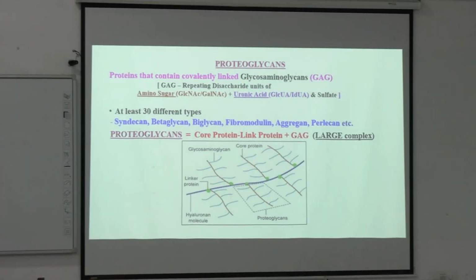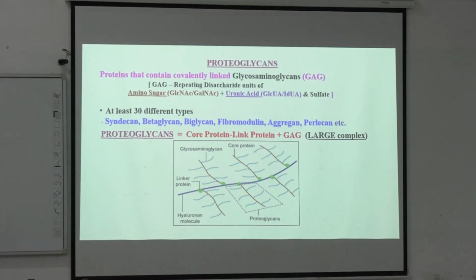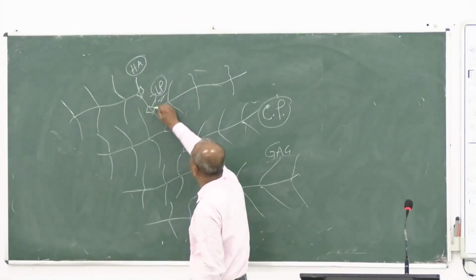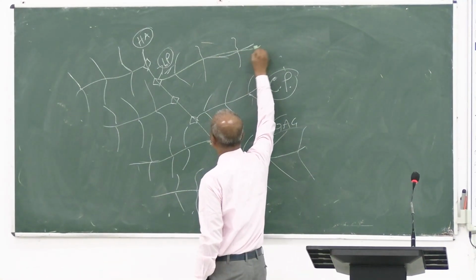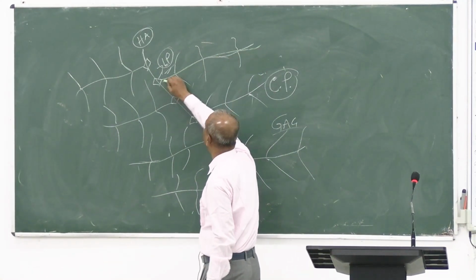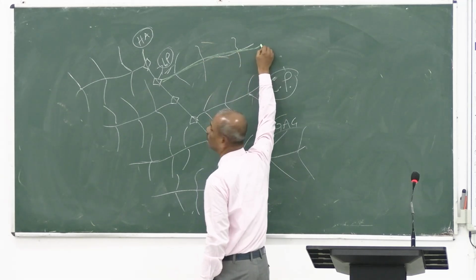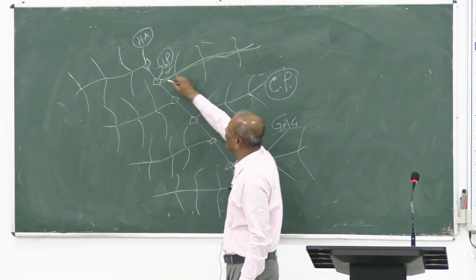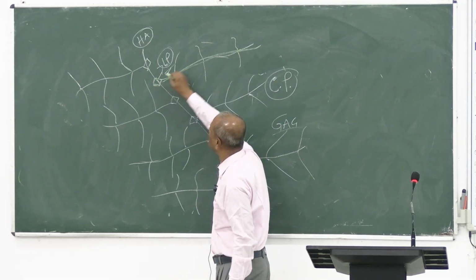So, what is this thing? Try to understand this structure. You see, this is a core protein. How is this proteoglycan formed? This is a core protein, and this is a linker protein.